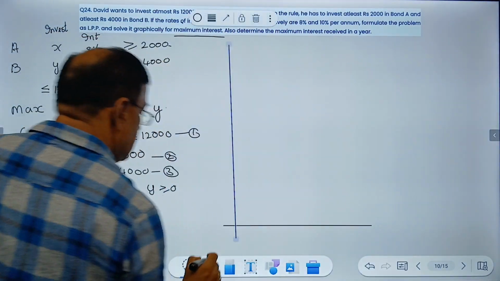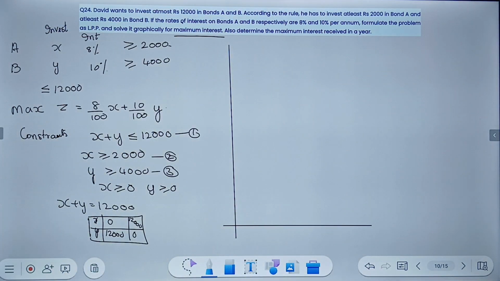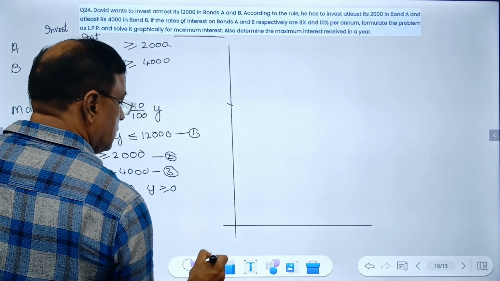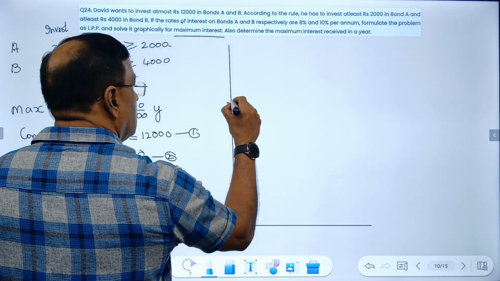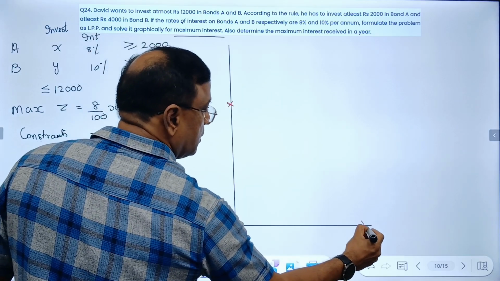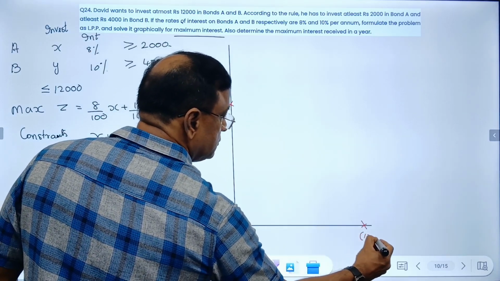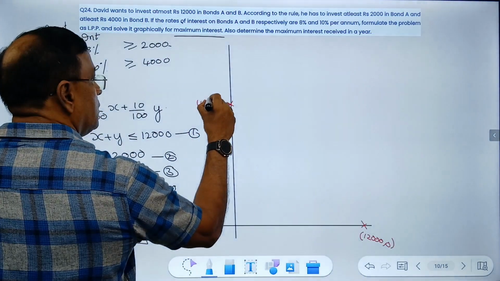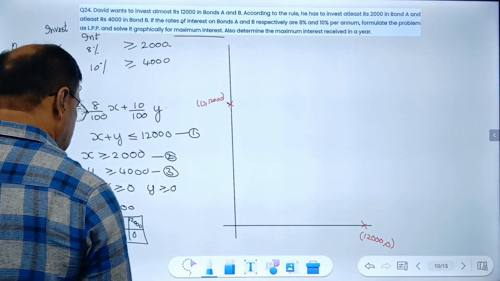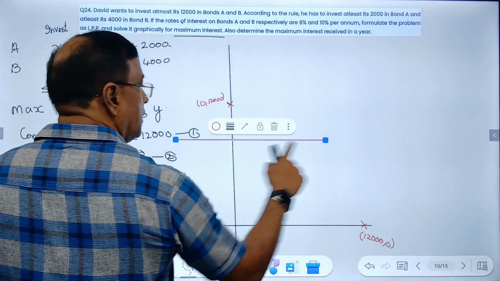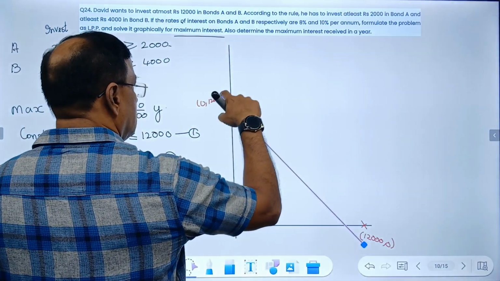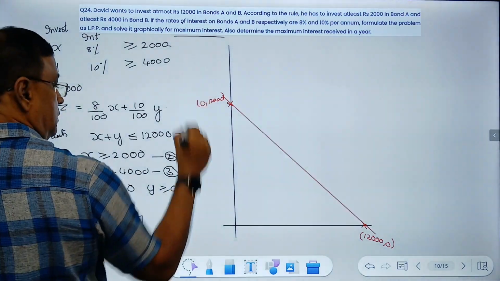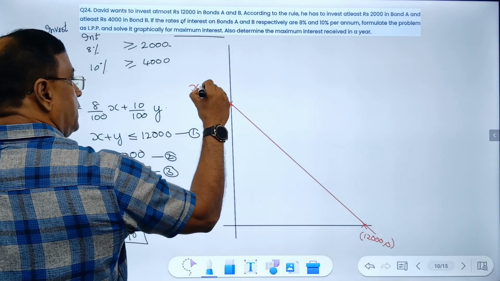Let's plot 0, 12,000 and 12,000, 0. So now the first line is ready. Join it. This is x plus y equal to 12,000.